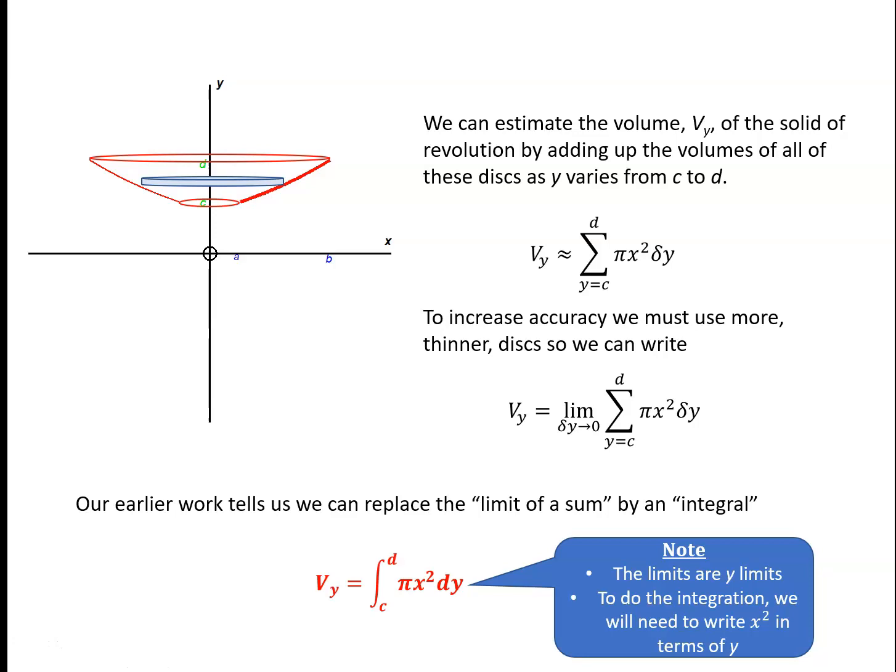First thing is, notice that the limits of the integral are now y limits. y varies between c and d. And then secondly, notice that to do the integration we will need to be able to write x squared in terms of y.